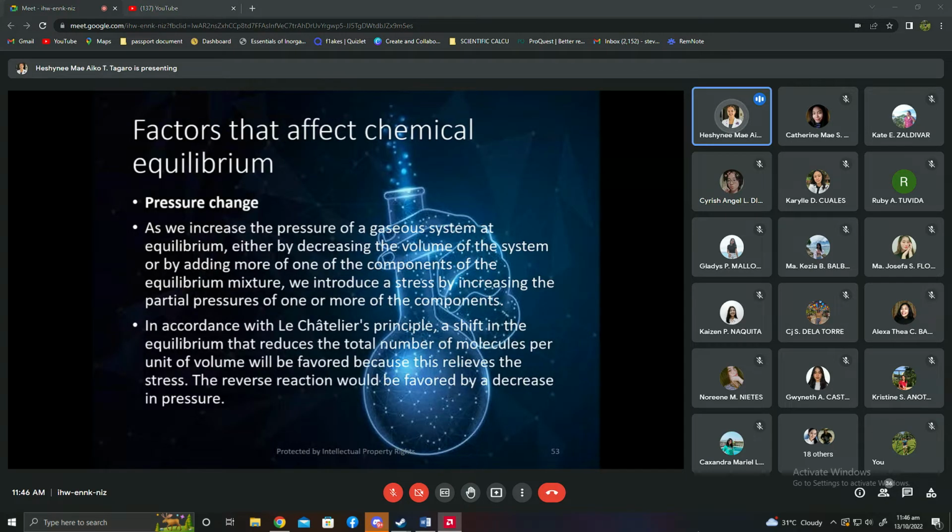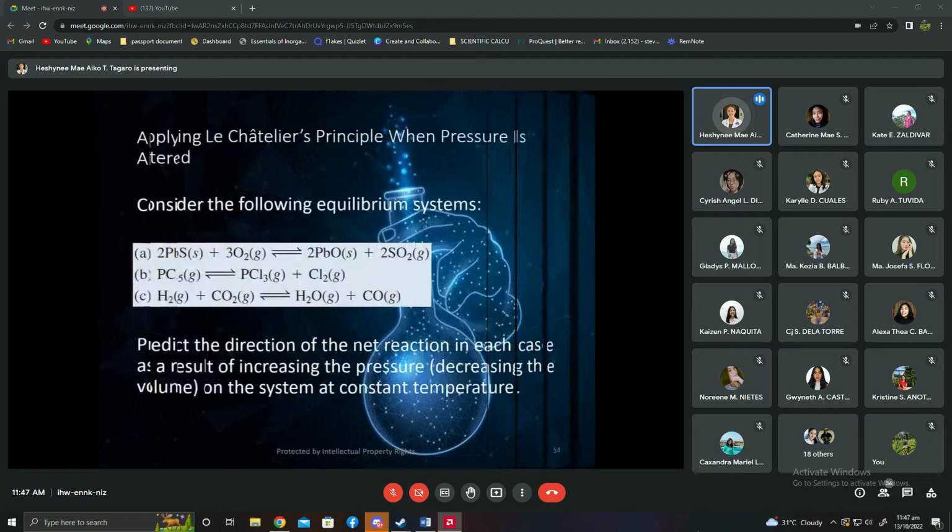You have to remember volume and pressure are inversely proportional. If you increase pressure, you decrease the volume. If you decrease pressure, you increase the volume. Let's have an example.